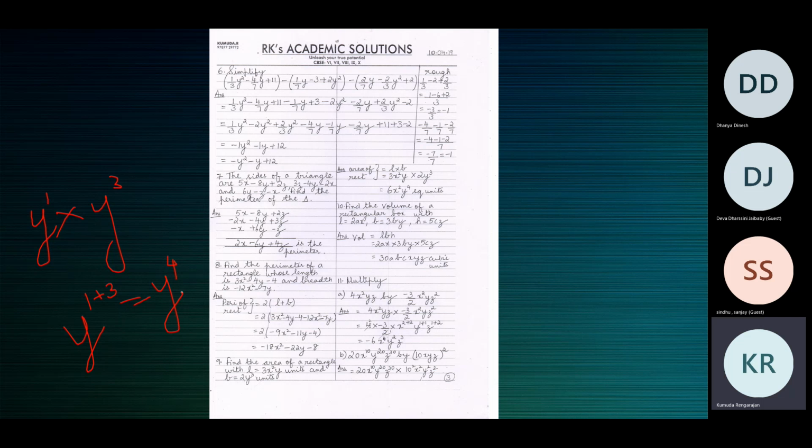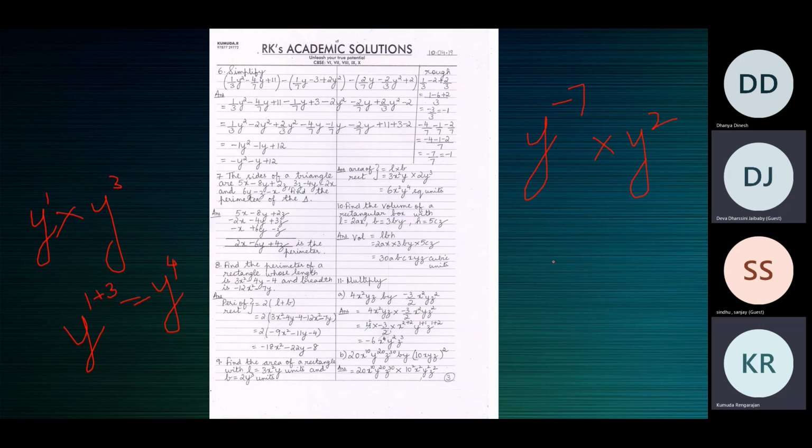Yes or no, children? Yes, ma'am. Now tell me what is y to the power minus 7 into y square. Are the bases the same? Yes, ma'am.